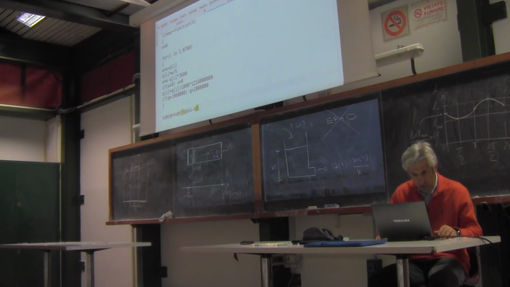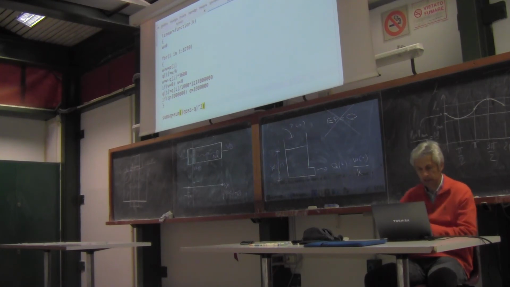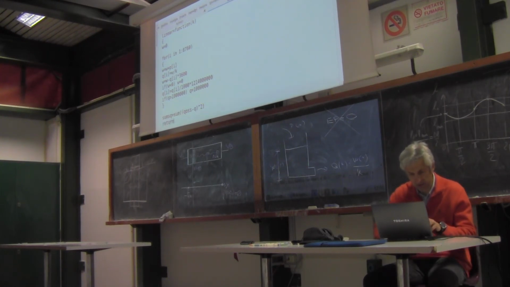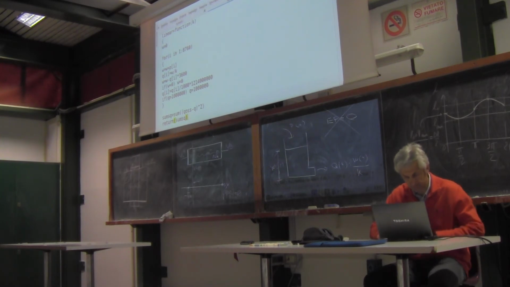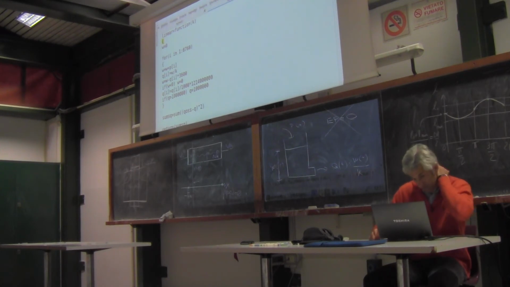QOS minus Q squared. Okay, and then we can write return sum SQ. And then here we close the curly bracket.